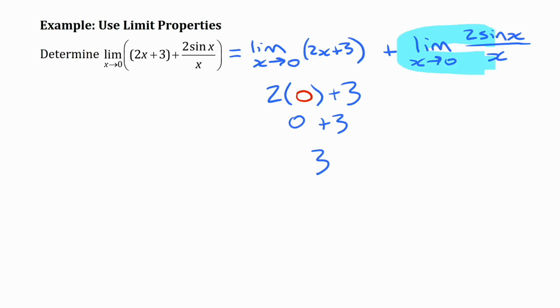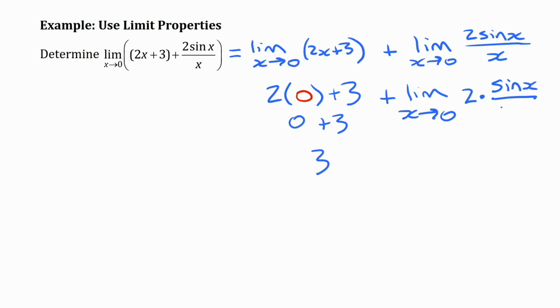As for the other part of it, this limit, we're going to rewrite it, specifically this 2 here. We're going to write this as the limit as x approaches 0 of 2 times sine x over x. And the reason we're going to do that is because this 2 now we can put outside because it's a constant times a function. So we can write this as plus 2 times the limit as x approaches 0 of sine x over x.